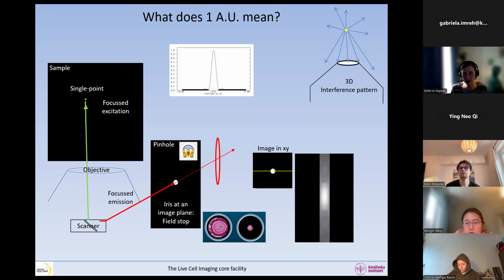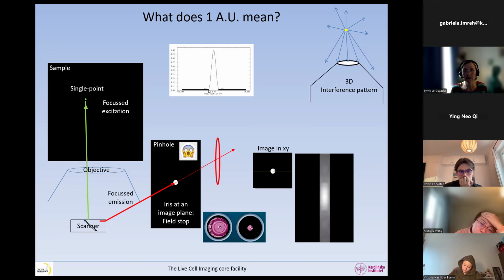And the way people have managed to talk about the ideal pinhole size, we will discuss that a little bit later, the ideal pinhole size for a confocal, to standardize it, because it depends on the wavelength, we basically call this 1 Airy unit.